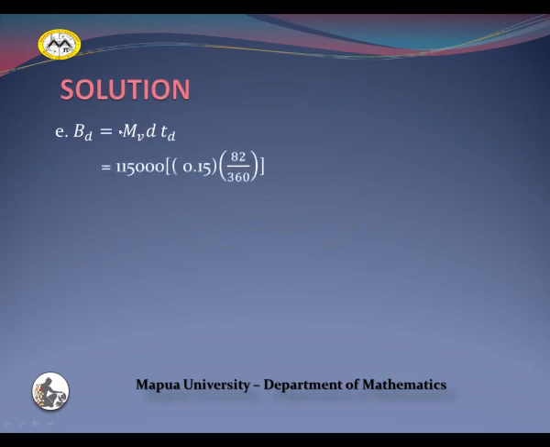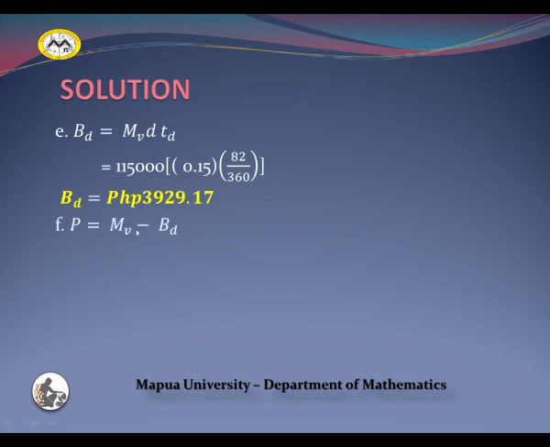So substituting the values, the maturity value that we obtained from the previous unknown is 115,000, and then the discount rate is 15%, and the term of discount is 82 days, converting into years, so divided by 360. Then the bank discount, which is the interest deducted in advance, is 3,929.17. So this is the interest deducted in advance, meaning before its maturity date.